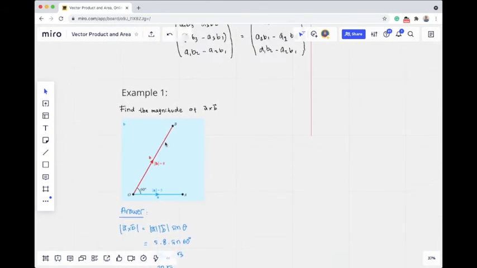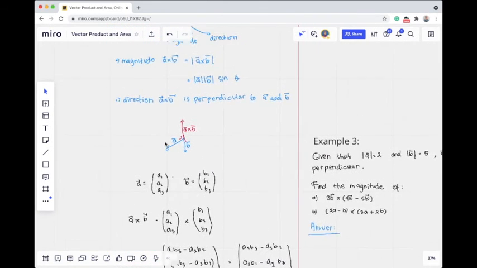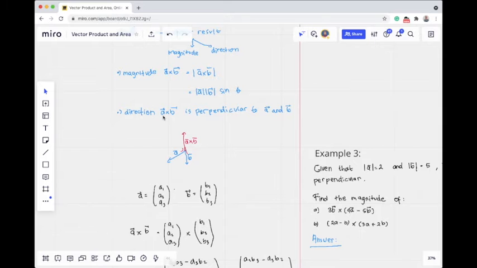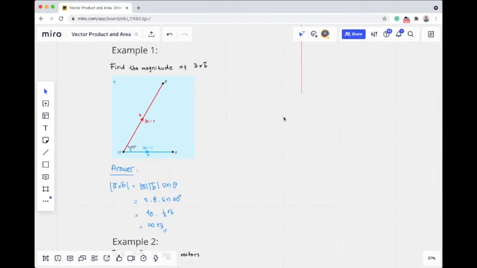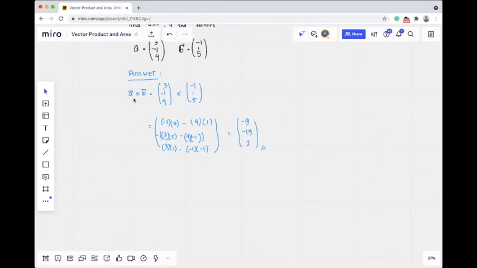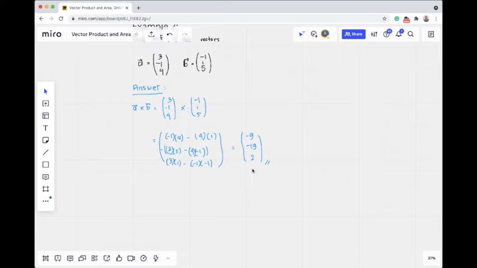I already explained before that the direction of A cross B is perpendicular to A and B. So we can check here. This is A cross B. Is it perpendicular to A? And is it perpendicular to B? Let's check. -9, -19, 2. We know if two vectors are perpendicular, then the dot product equals 0, right?